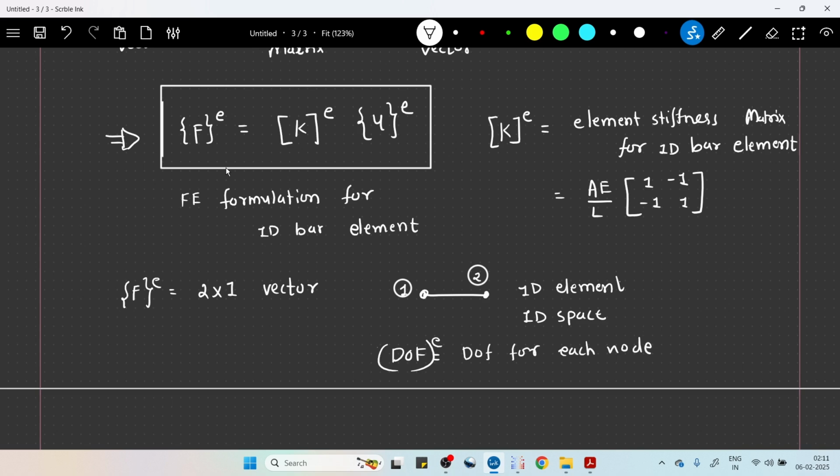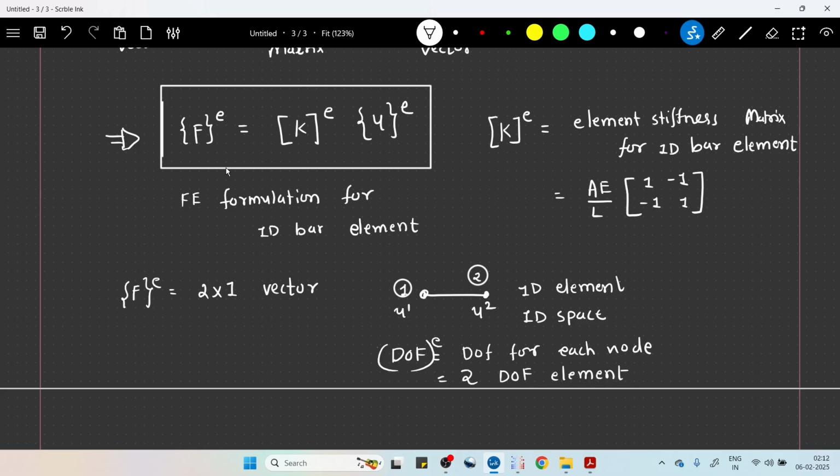If I say the total degree of freedom for this element is 2, one node has one degree of freedom u1, and the other node has u2. So it is a 2 degree of freedom element.